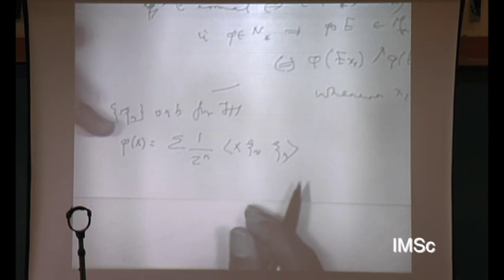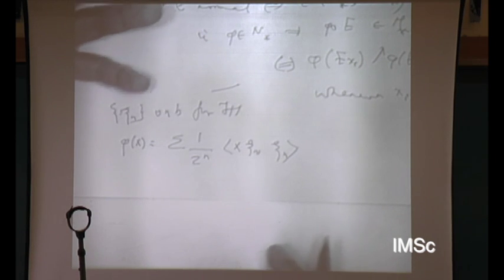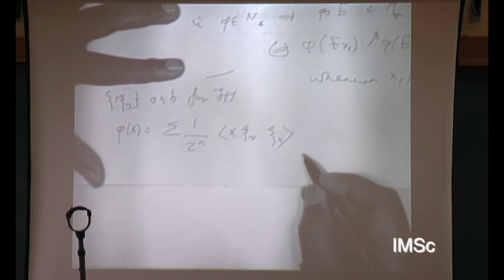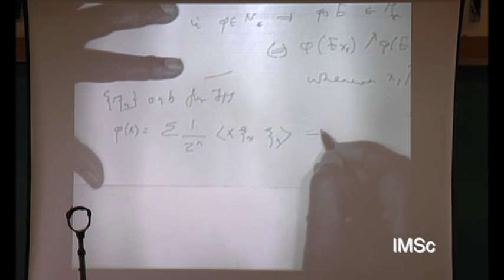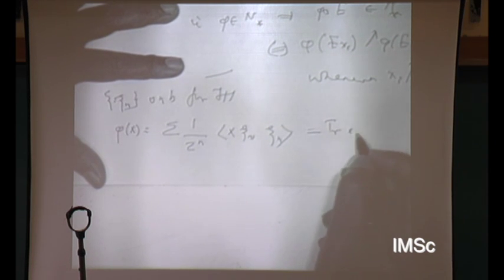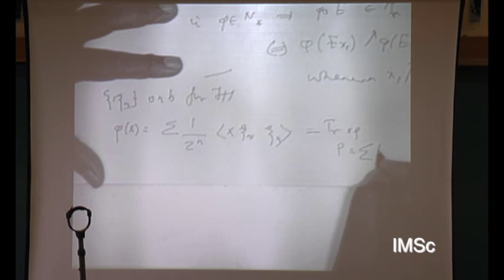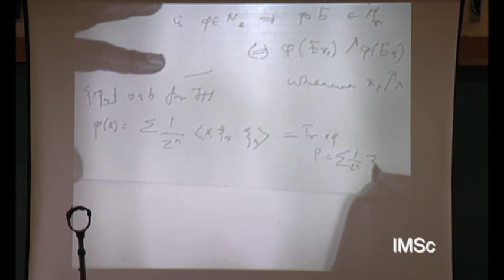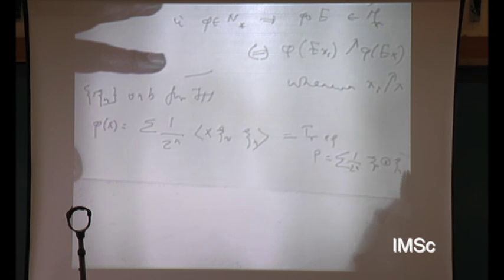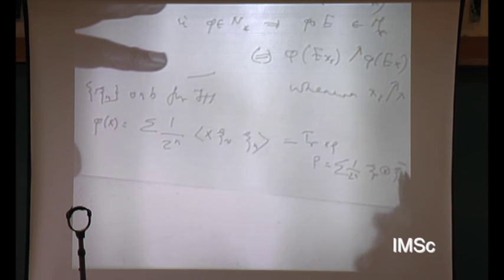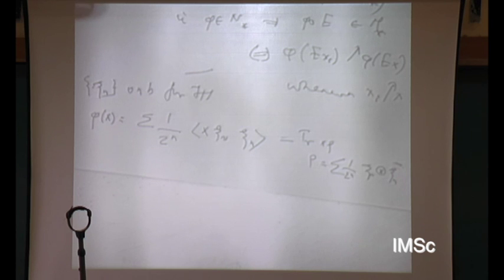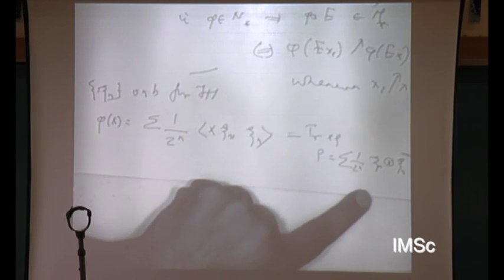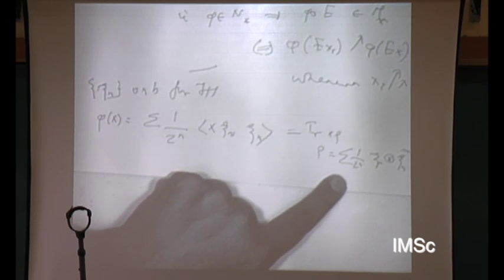But we know what trace class operators do. This is exactly trace of x rho, where rho is something like this, a trace class operator because this 1 over 2 to the n is summable.